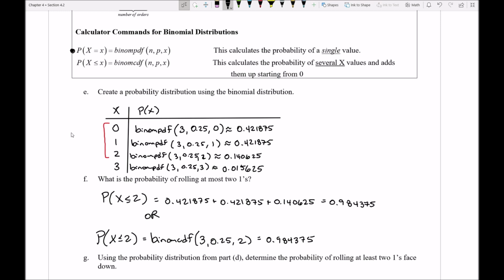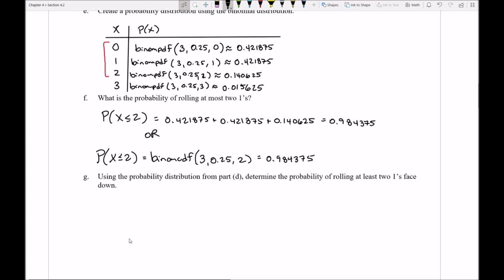So again, the CDF just allows me to quickly calculate a bunch of probabilities and add them all together, but it requires that I'm starting from the bottom value of the table of 0 and then progressing up until a specified stopping point.